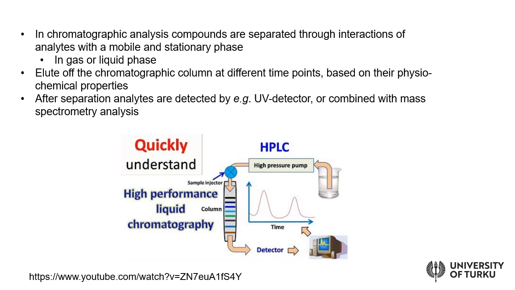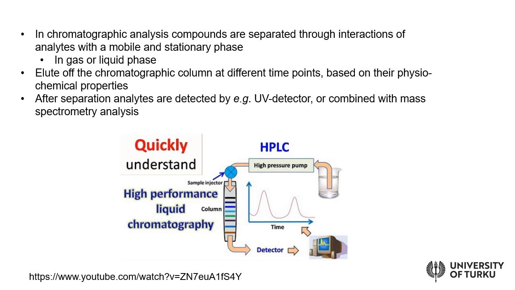And the mobile phase is eluting from the chromatographic column at different time points, and then also the analytes are eluting from the column based on their physicochemical properties. So they have different affinity for the chosen column that is used, and based on this, then they come out in different time points, and we can see different waves coming, or different signals coming from the analysis.